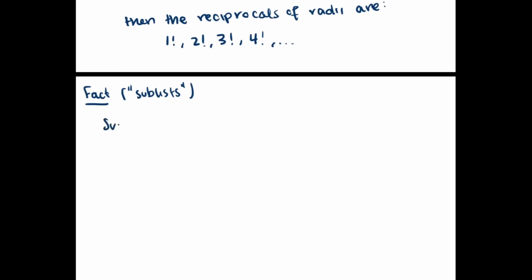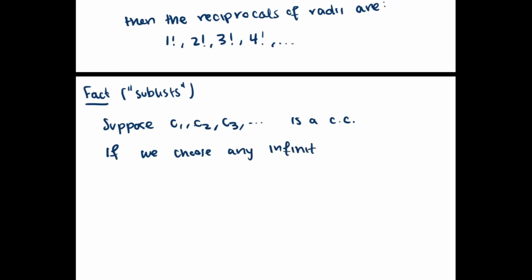So let's suppose C1, C2, C3, and so on is a collapsing collection. If we choose any infinite collection from this list, that is also a collapsing collection.